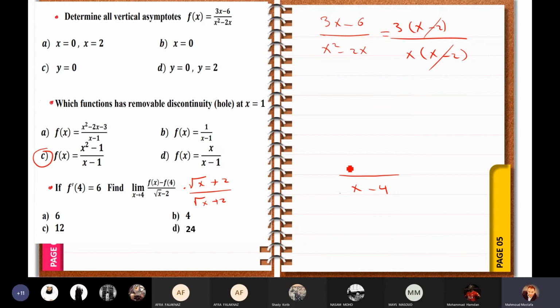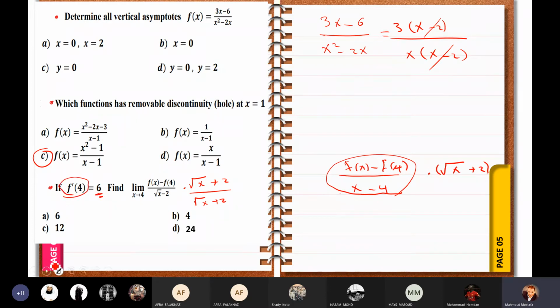What about the numerator? f of x minus f of 4, multiplied by square root of x plus 2. This one is the first derivative, which is already given.